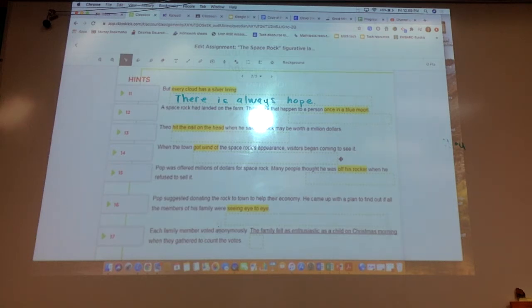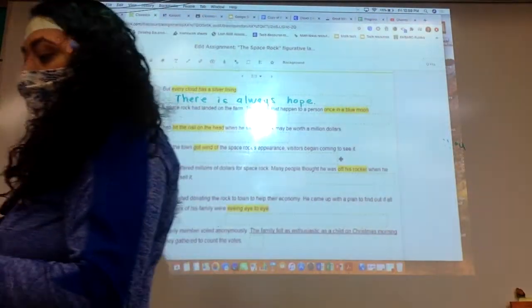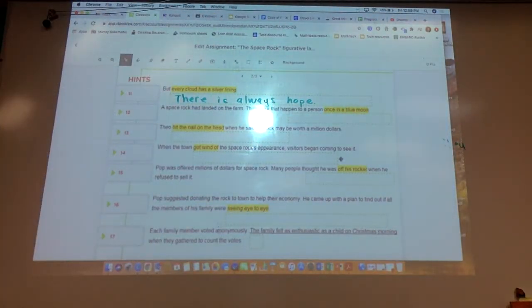All right, next one. A space rock has landed on the farm. Things like that happen to a person once in a blue moon. Okay, so we don't get blue moons. So what does this idiom mean?